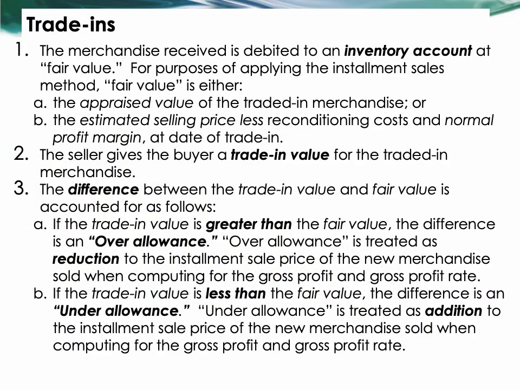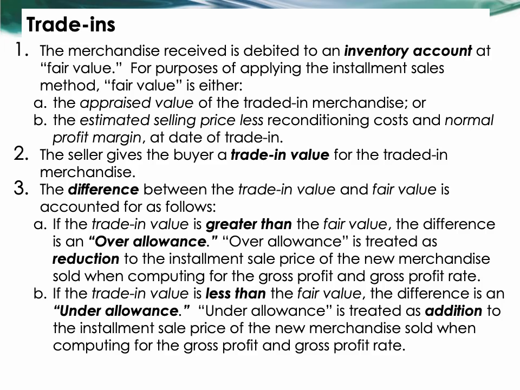How about for trade-ins? Another common feature in installment sales is the trade-in, where the buyer exchanges old merchandise as part of the down payment for the new merchandise. The merchandise we receive is debited to an inventory account at its fair value. Okay?